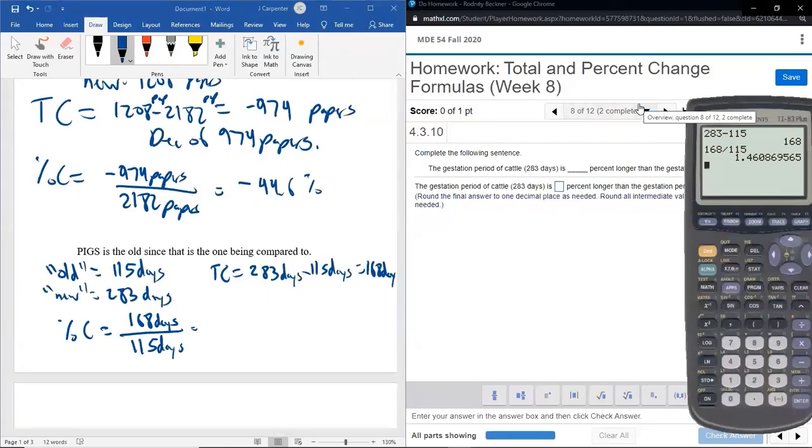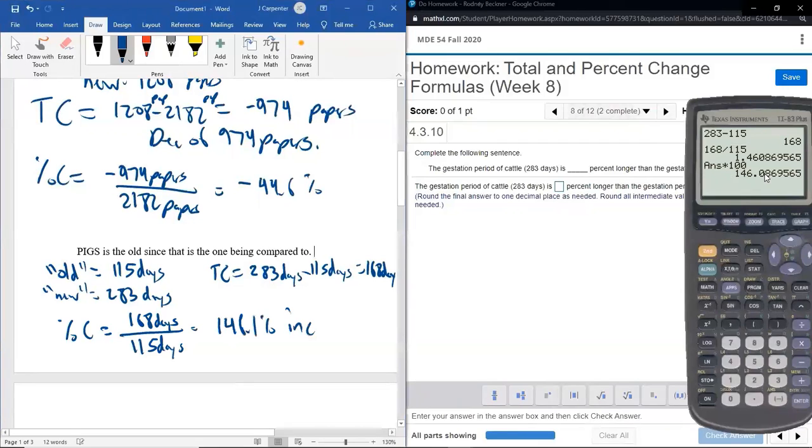Now, some people will think this is a percent because they got a whole number at least in there, and that's wrong. This is still just a decimal. So you got to take that decimal, multiply it by 100 or move it right twice, whatever, and you get 146 and some change percent. They say to round the answer to one decimal place as needed. We're going to pay attention to the instructions. So that would be 146.1%.